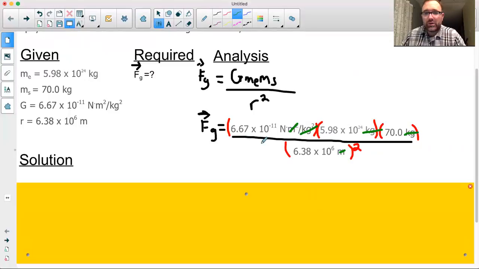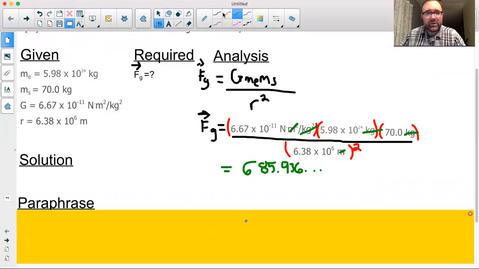Don't forget the direction. So when you type this in your calculator, you do the multiplication first and divide it by squaring it. I get the following as an answer. 685.936 and so forth. Well, I'll just include the dots representing it keeps going.